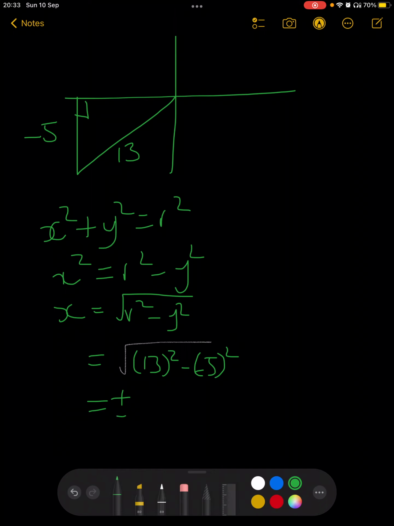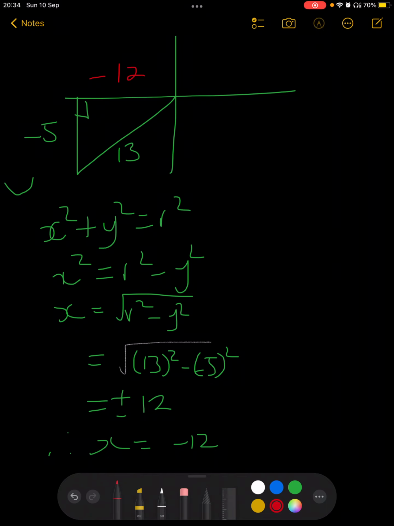Let me quickly calculate that. It's going to be 13 squared minus negative 5 squared. That gives us plus or minus 12. So how do we get to choose? We already see that we are on the left side of the Cartesian plane, and therefore x is equal to negative 12. So our negative 12 comes in here.